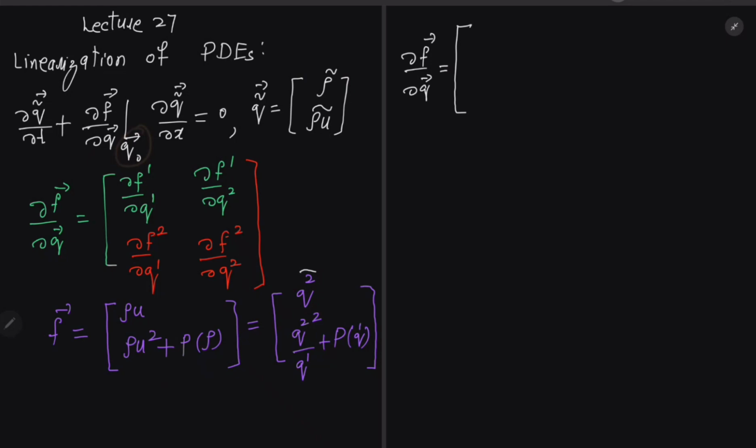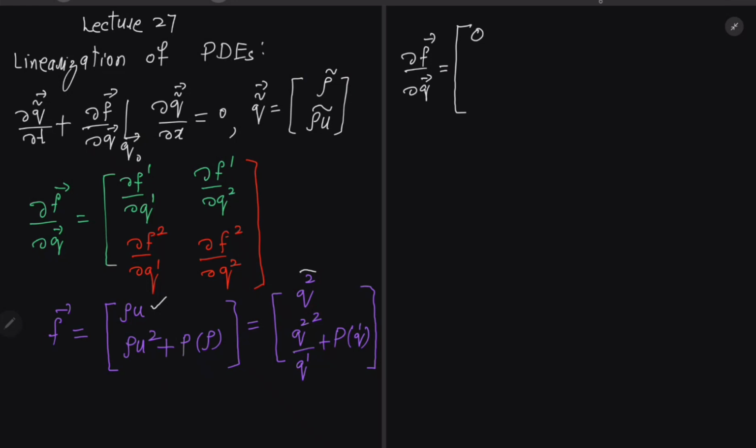So the first value will be 0. What is the reason for the 0? Partial f1 by partial q1: q1 is density, and the derivative of f1, which is q2, with respect to q1 is 0.